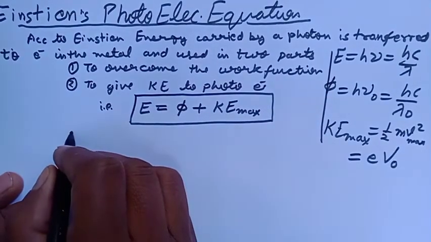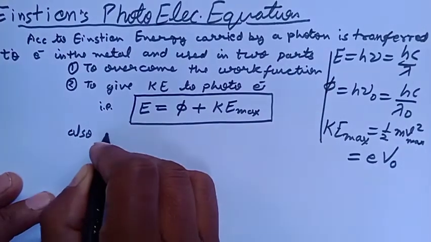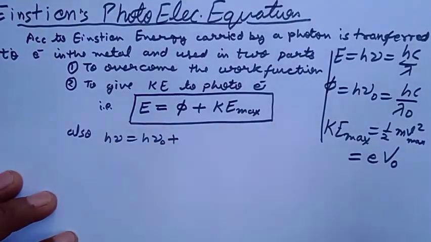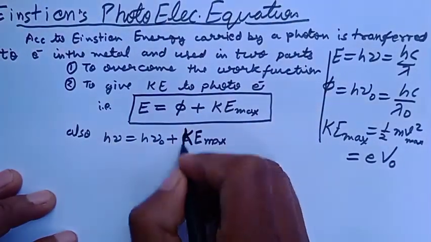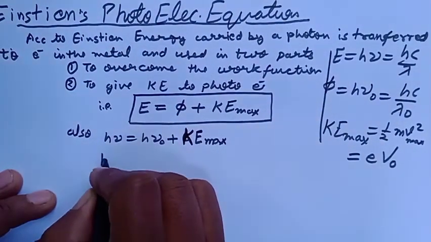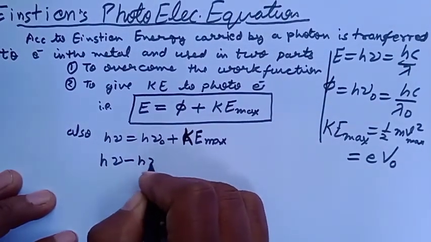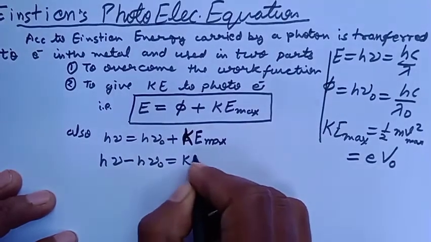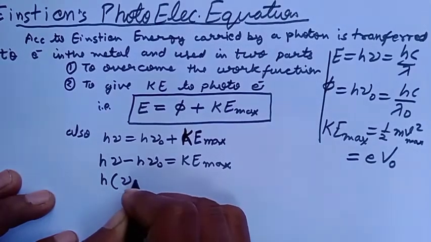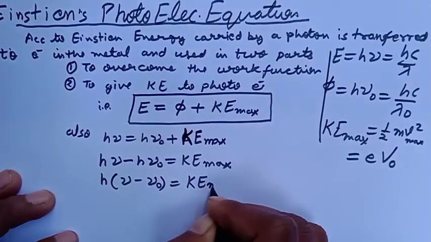So many combinations can be made, but I am interested in two formulae. First, h nu equal to h nu naught plus KE maximum. So if I take it here, h nu minus nu naught equal to KE max.